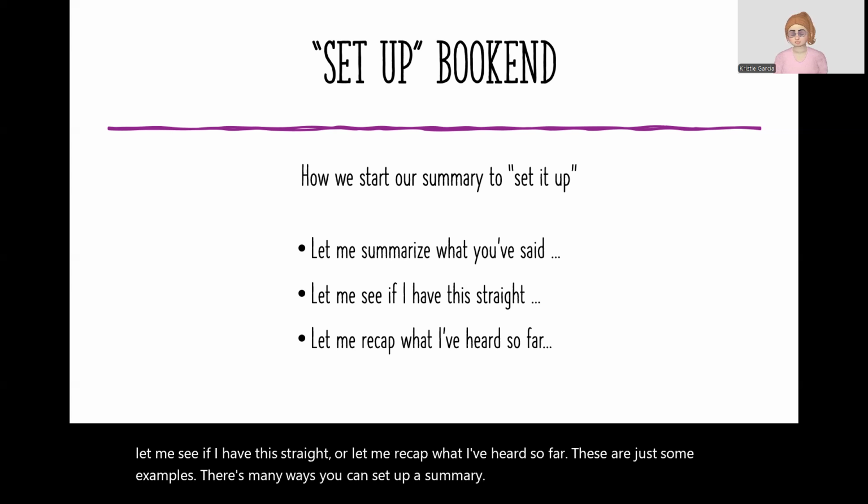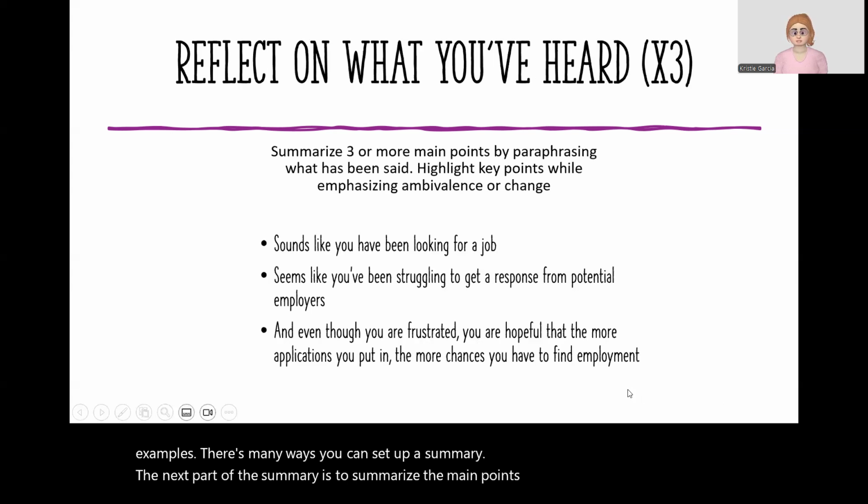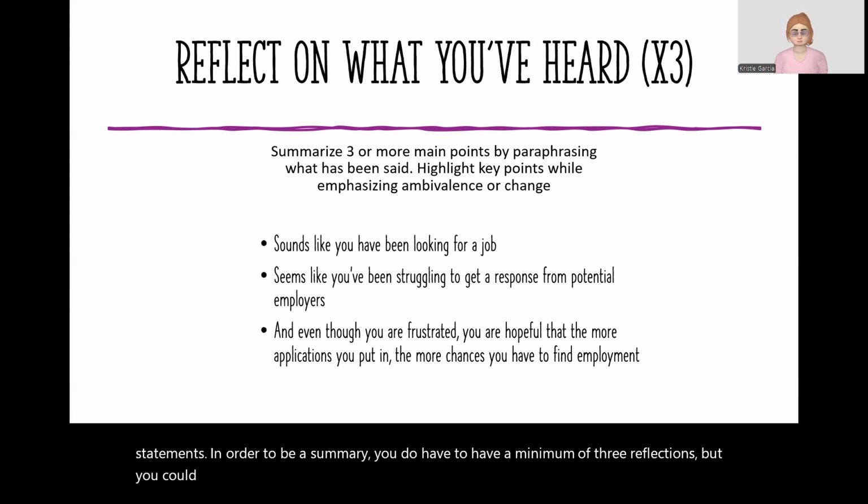The next part of the summary is to summarize the main points through using 3 reflective statements. In order to be a summary, you do have to have a minimum of 3 reflections, but you could have more depending on context and length of the discussion.